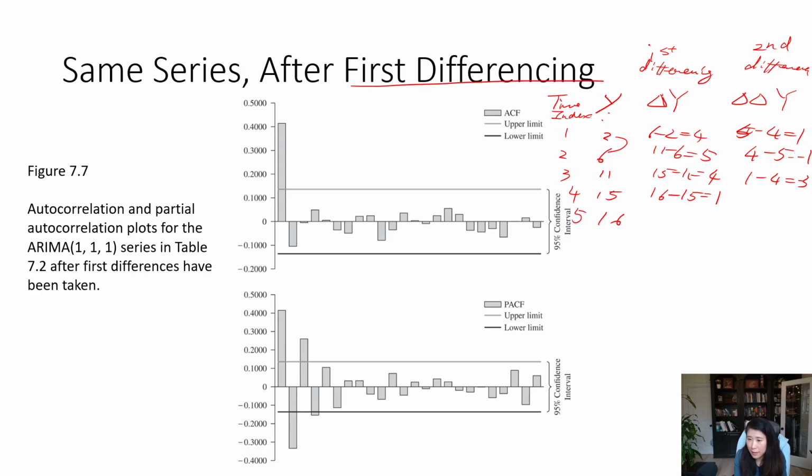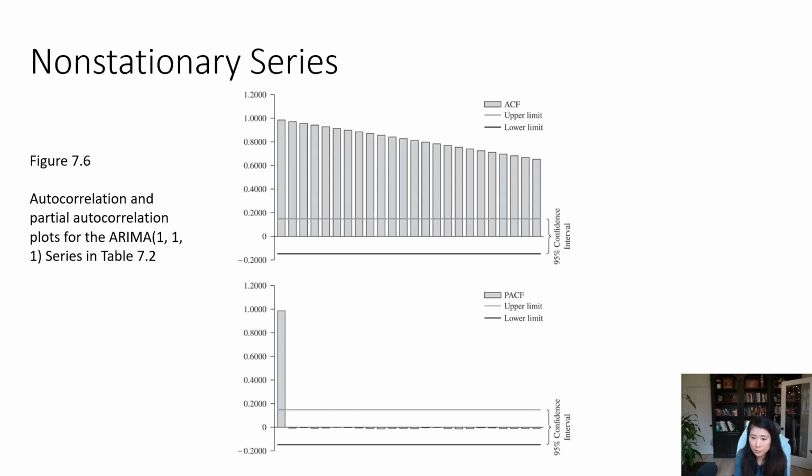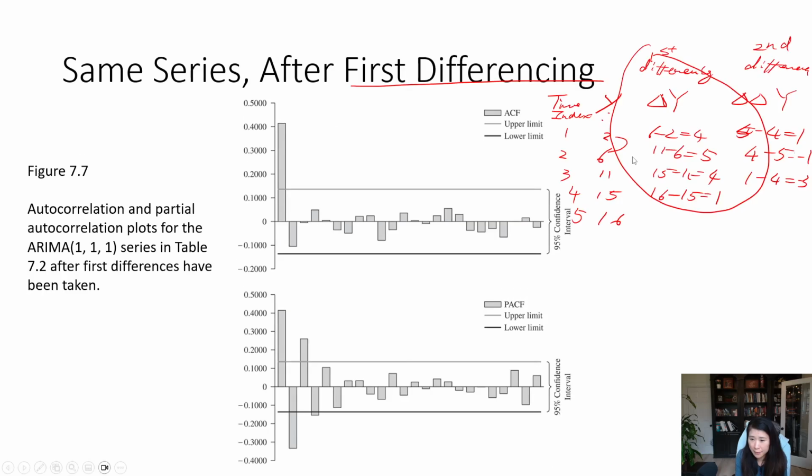The example I'm showing you here is my original data, and I see it is non-stationary. What I did is use the first differencing to get the new data, and then I fit the data to my model again. This is the new ACF diagram.